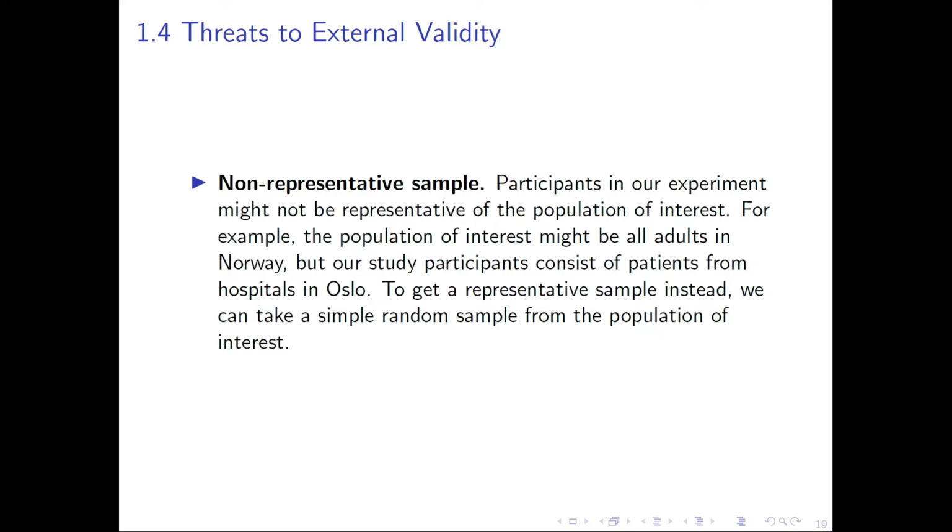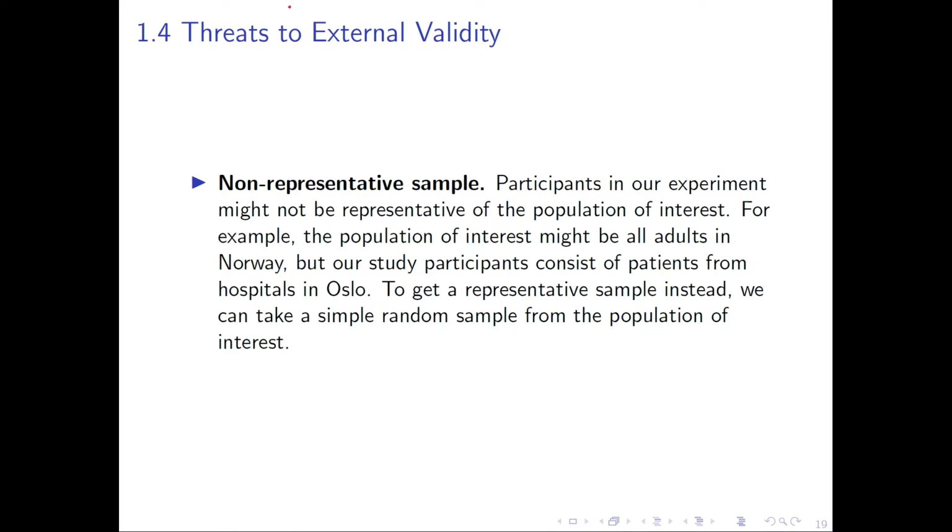Or we have different situations, for example, different economic situations between the original population used to draw the simple random sample, and we want to use the resulting model on a different economic condition.